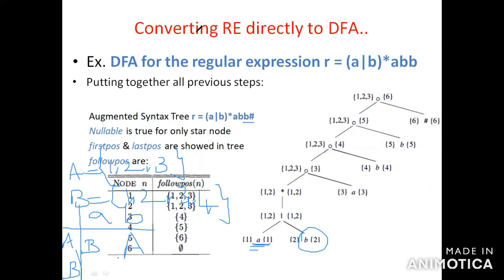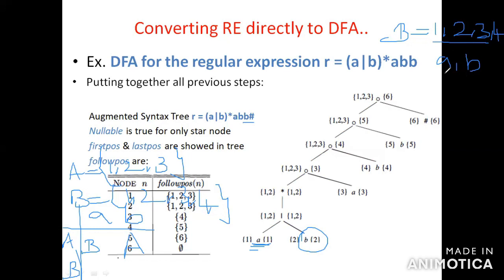What is B of a? So here, what is B? B is {1, 2, 3, 4}. Everything you have to write within the braces symbol. So B is nothing but the states {1, 2, 3, 4}. In that B, we have two input symbols, one symbol a, another symbol b.